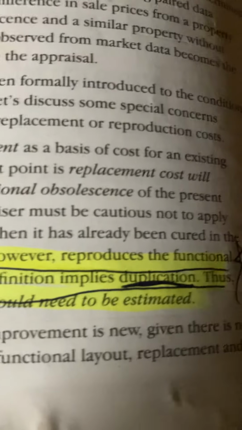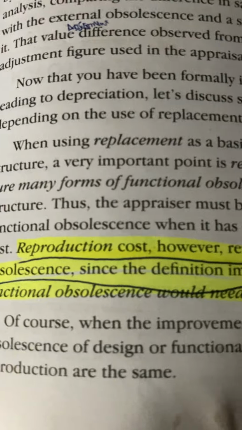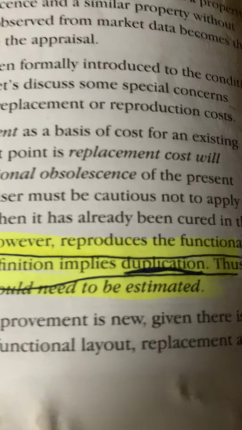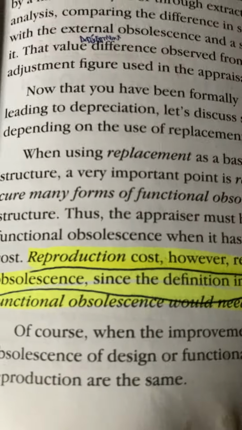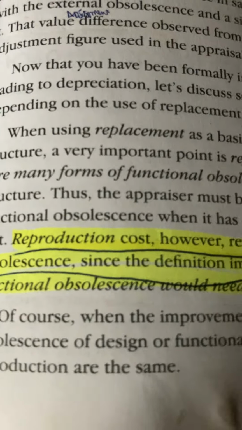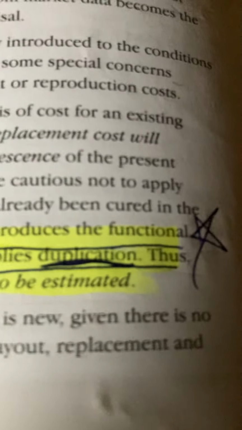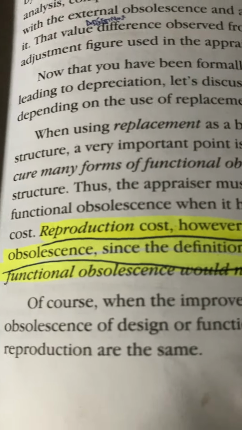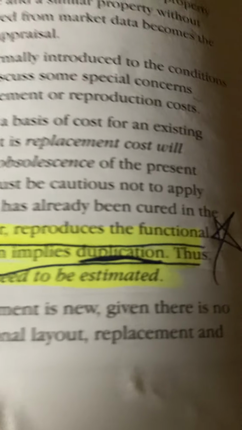Reproduction cost, however, reproduces the functional obsolescence, since the definition implies duplication. Thus, functional obsolescence would need to be estimated. Of course, when the improvement is new, given there is no obsolescence of design or functional layout, replacement and reproduction are the same.